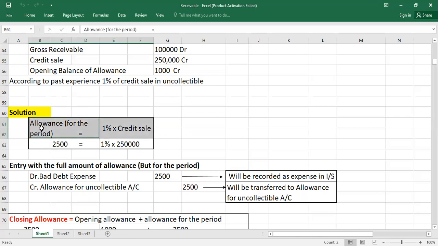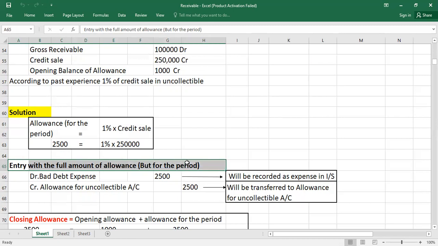Now, when you want to record the entry for the bad debt expense, you need to take care about this point. We need to pass the double entry with the amount of the allowance for the period, which is 2,500, as we calculated above.